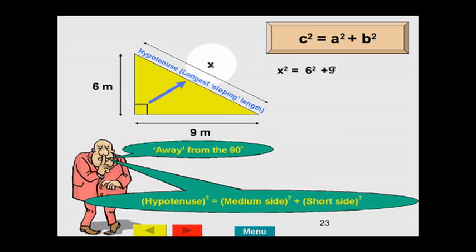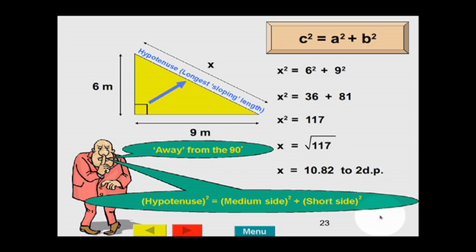So we're talking about the value of X squared is 6 squared plus 9 squared. Add those together and then square root. And that should be your answer.